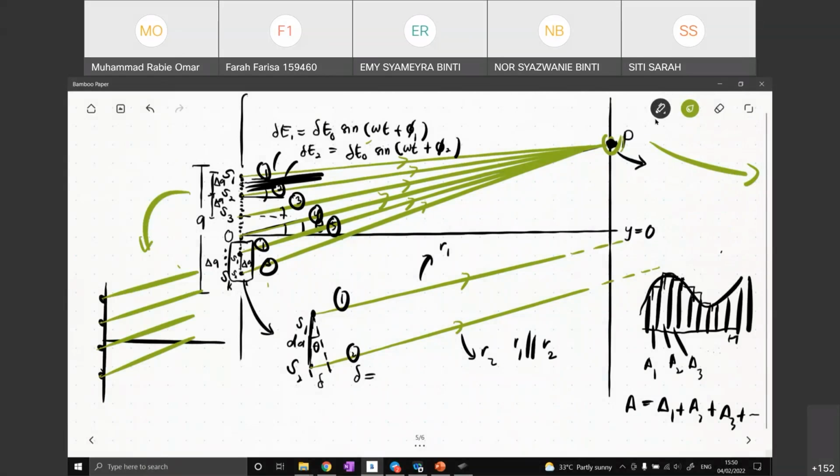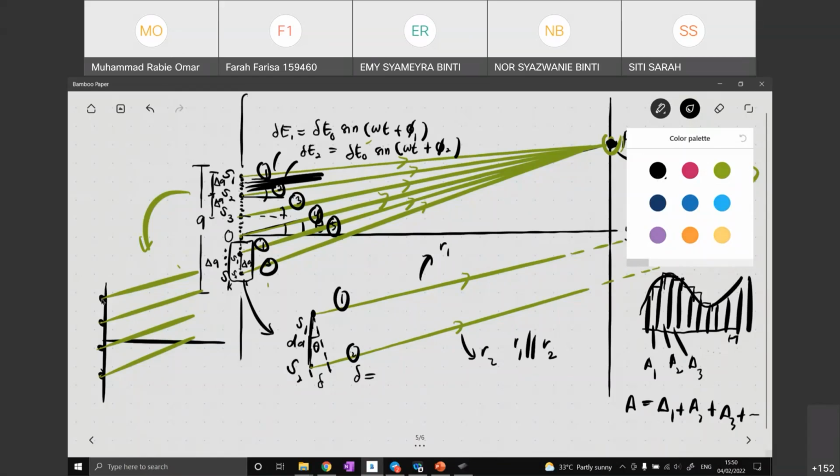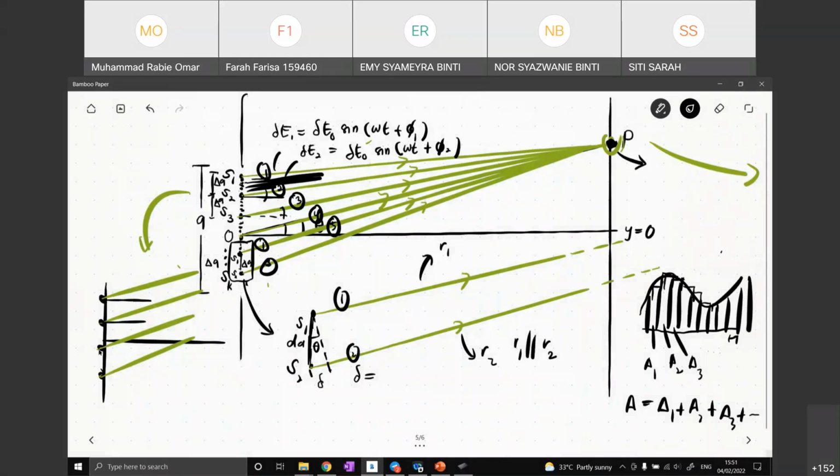And then if I draw my horizontal axis here, you can see the angle here. Theoretically, they are not the same because they are pointed with different elevation. Am I right?